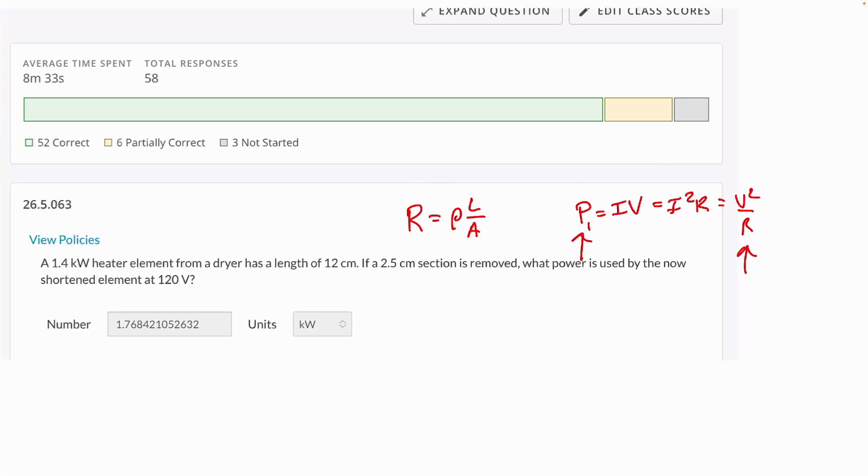Okay. Power one. Voltage is not changing anywhere here. So my original resistance is going to be equal to the voltage squared divided by my original power, call it power naught.